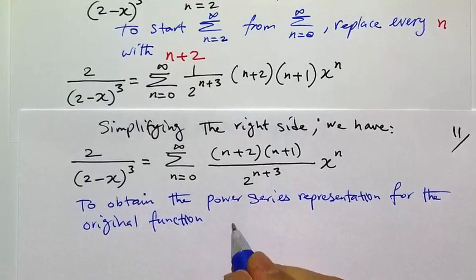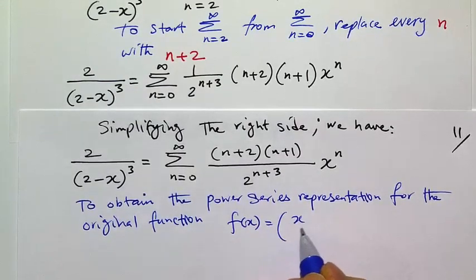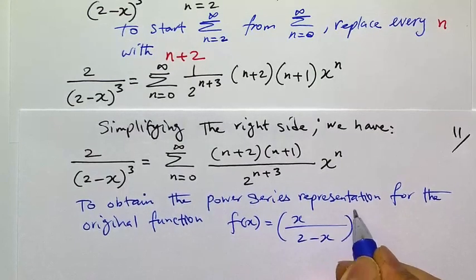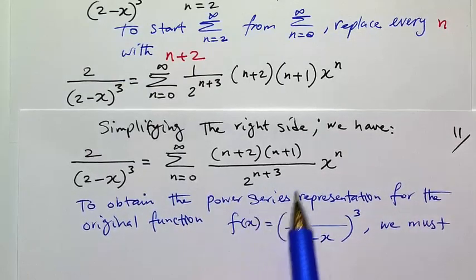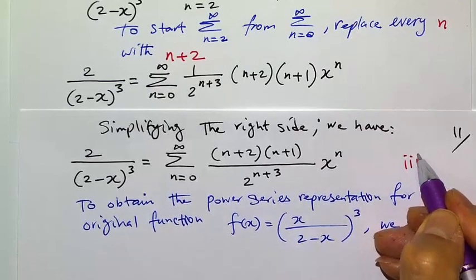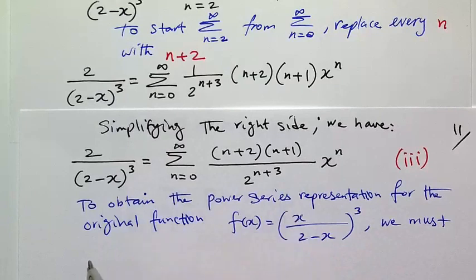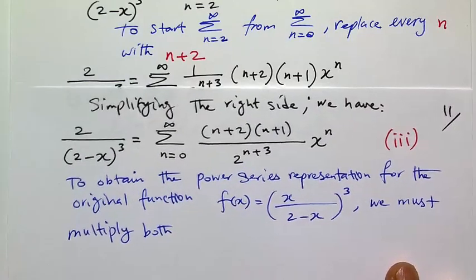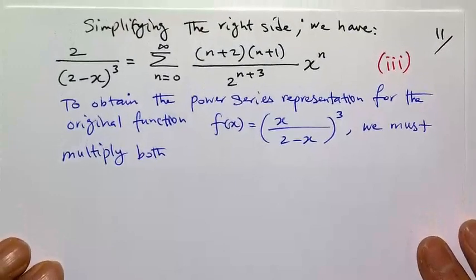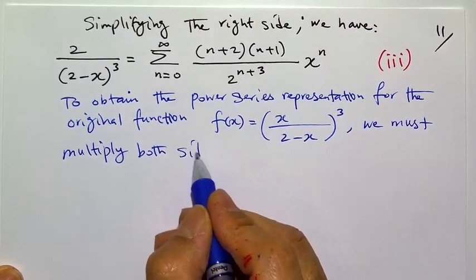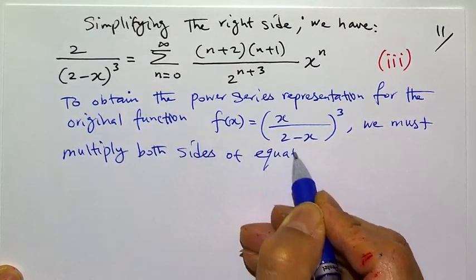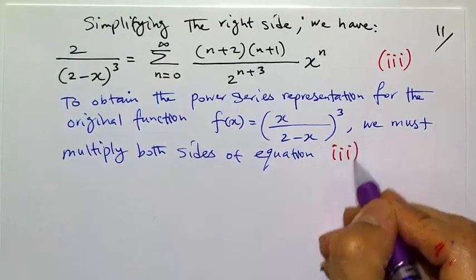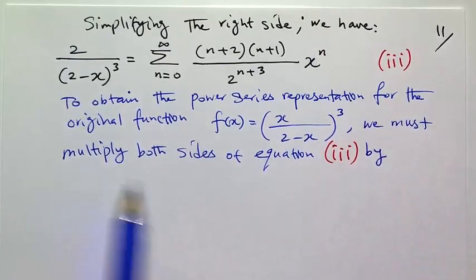For the original function, which was f of x equals x over 2 minus x cubed, let me call this equation triple I. We must multiply both sides of equation triple I by a factor.